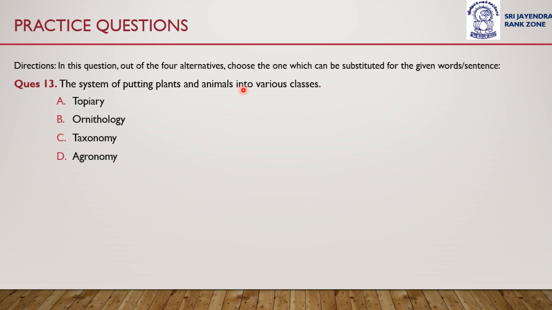Question number 13. The system of putting plants and animals into various classes. Option A, topiary, option B, ornithology, option C, taxonomy, or option D, agronomy?